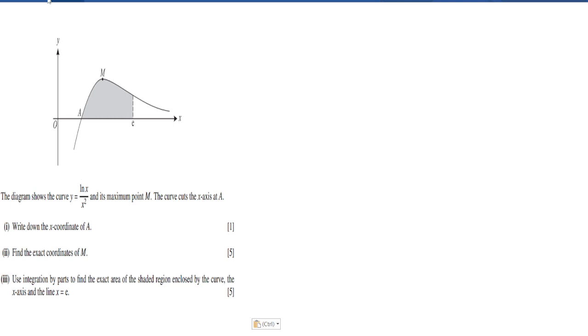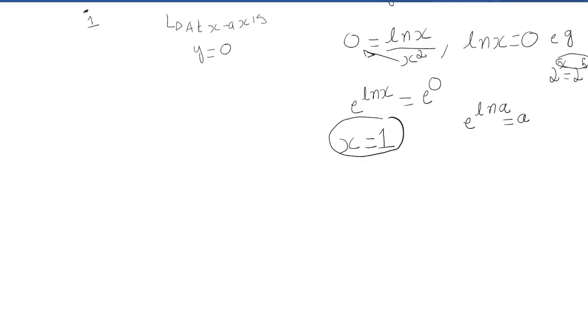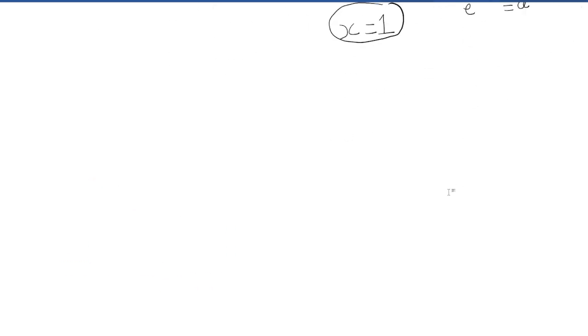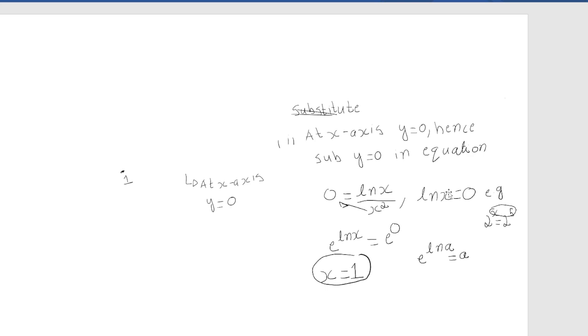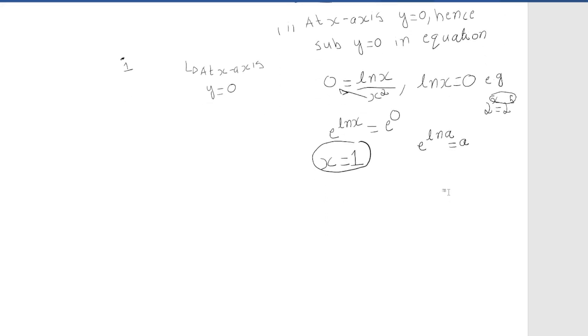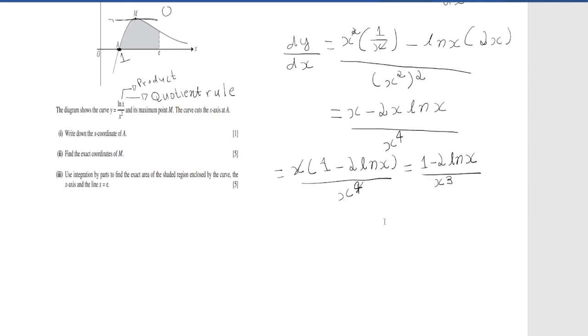Let me take it from above. What did we get? So here it is. We got 1 minus 2 ln x over x cubed.